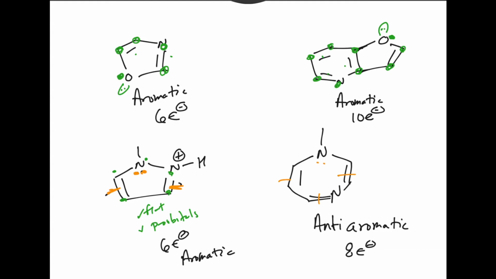So the way these are set up on the exam right now is I give you 4, and then there's just a pull down menu with a mixture of aromatic 6 electrons, anti-aromatic 8 electrons, aromatic 10 electrons.